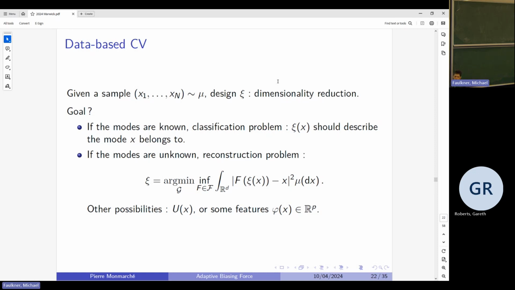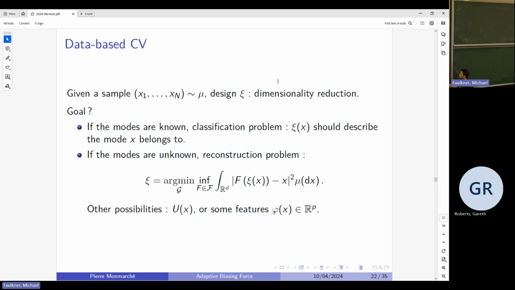So some works have been done based on classification problems. Somehow you want Xi to be a good classifier, which tells you, if I give you a microscopic state X, you tell me Xi of X, tell me in which mode it is, which of course requires to already know what is a mode.